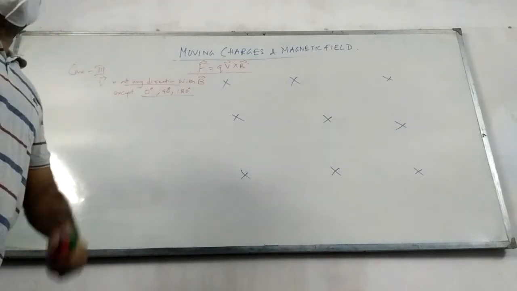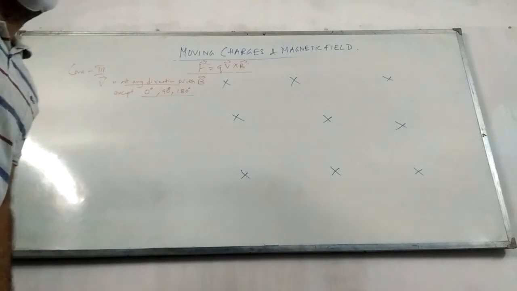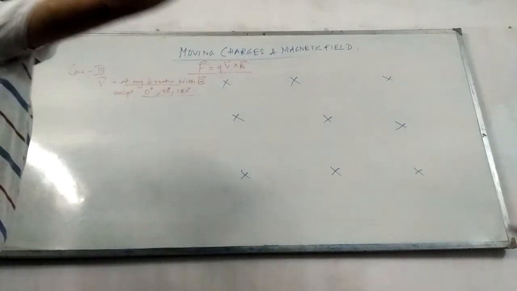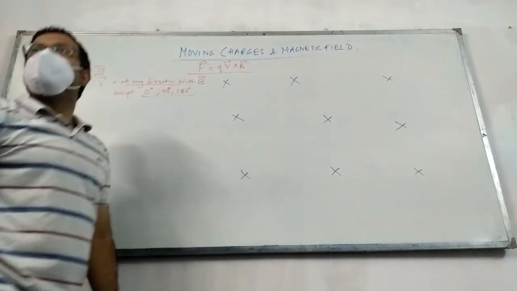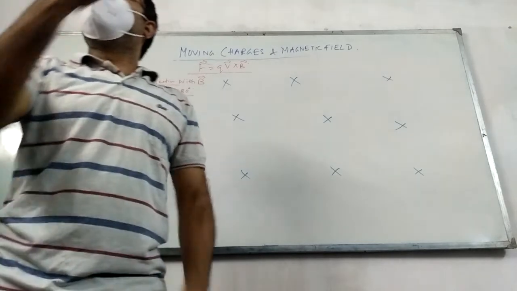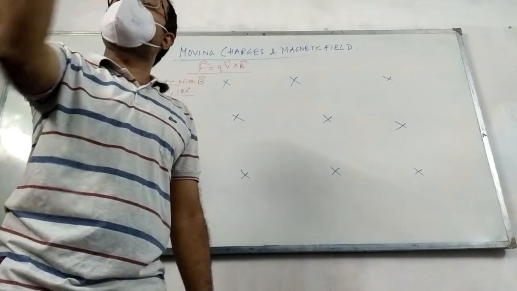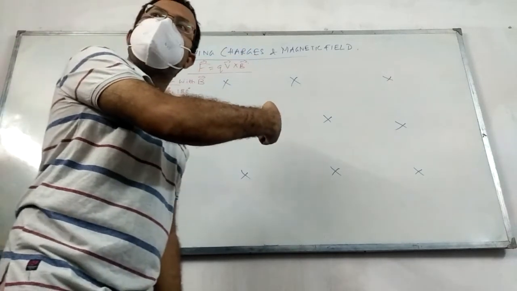Spiral means it will go for a circular motion as well as it will proceed in the forward direction. না, সার্কুলার রেডিয়াসটা ফিক্স থাকবে, রেডিয়াস চেঞ্জ করবে না, কিন্তু charge particle সার্কুলার মোশনেও যাবে and it will also move in the forward direction.